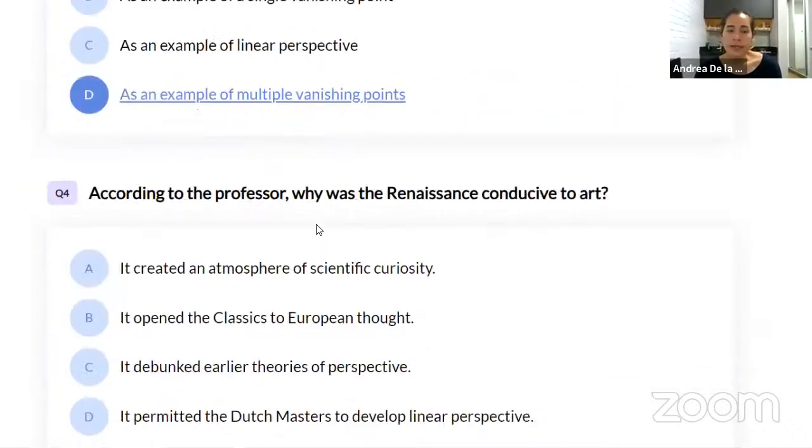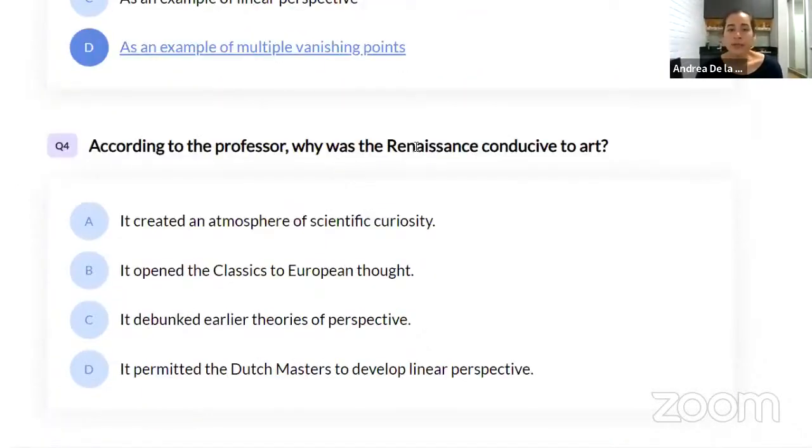Now, question 4 says, according to the professor, why was the Renaissance conducive to art? So go to that part, history.